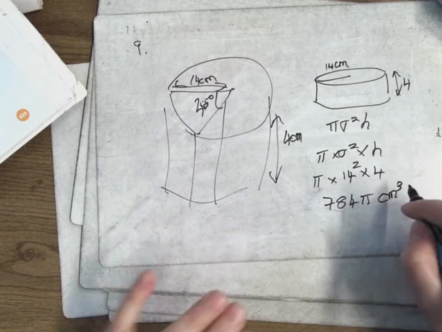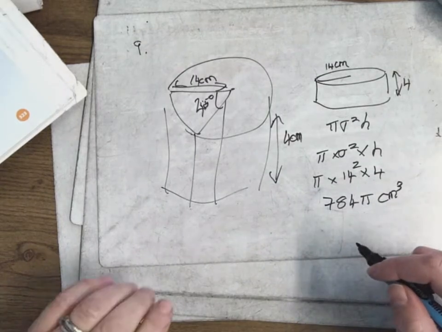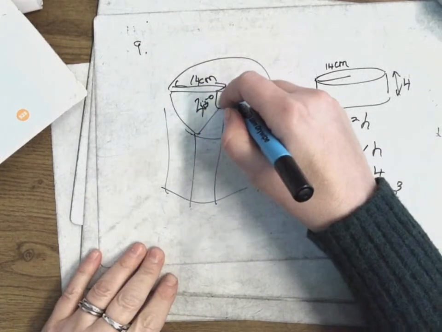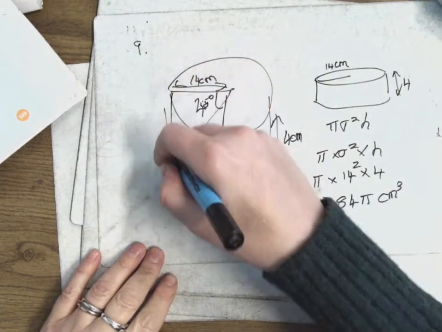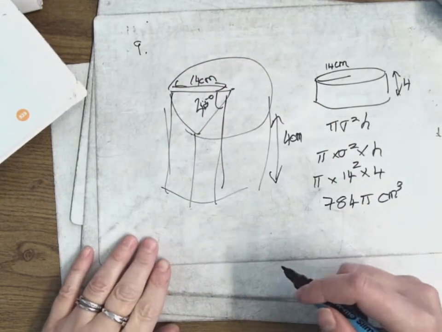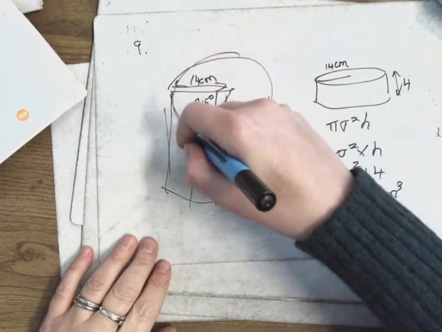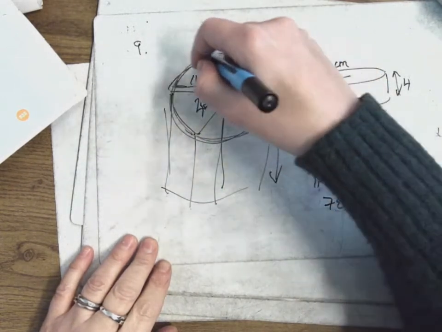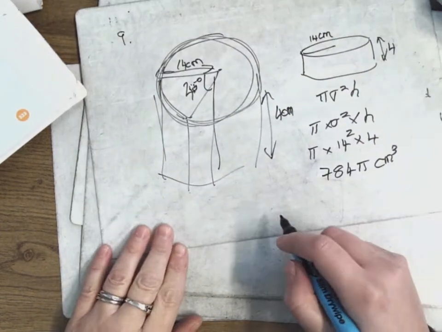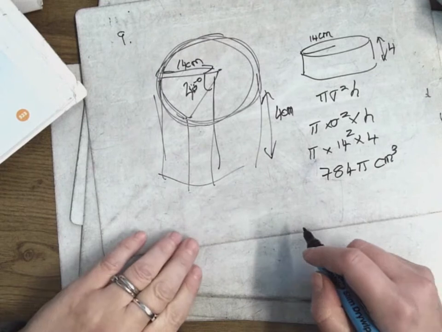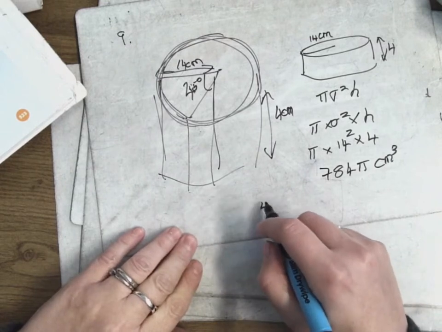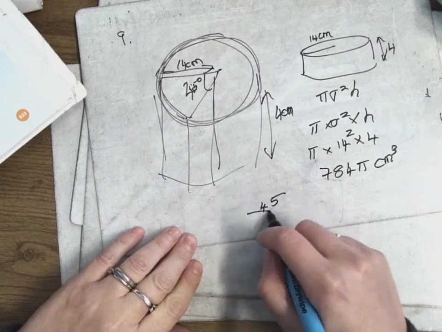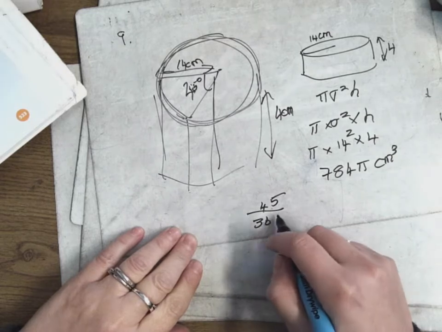So that's if we had a whole cylinder of cheese, but we've only got a wedge. The wedge, they tell me, is 45 degrees. If we had the whole circle, that would be how many degrees? 360. But we have 45 out of 360.